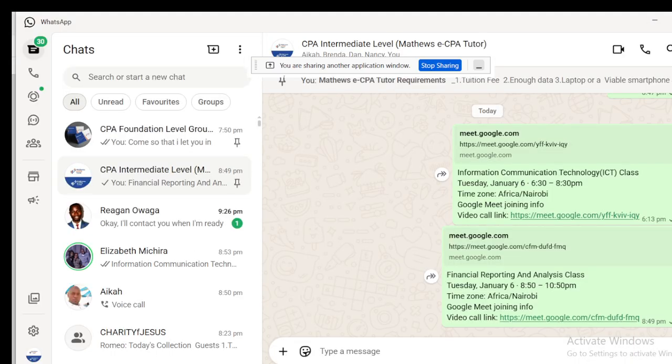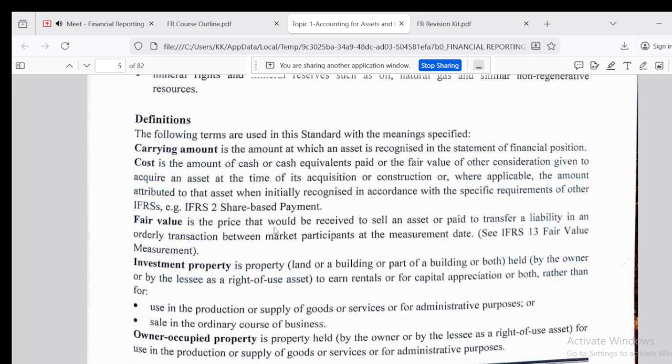So the second one is cost, and you can say it refers to the amount of cash or cash equivalent paid, or the fair value of other consideration given to acquire an asset at the time of acquisition or construction.